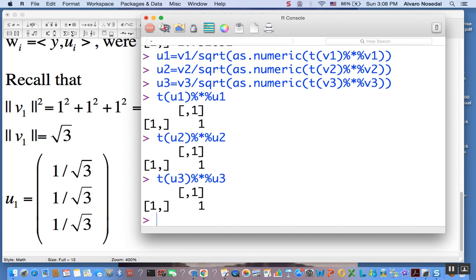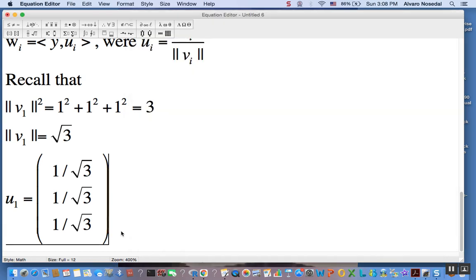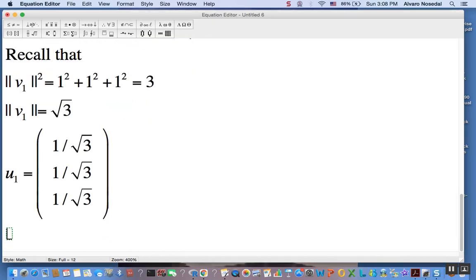Now these guys are said to be orthonormal because they are orthogonal and their norms are 1. And again, let me remind you that we wanted to do this because it's going to be easy for us to find those weights.